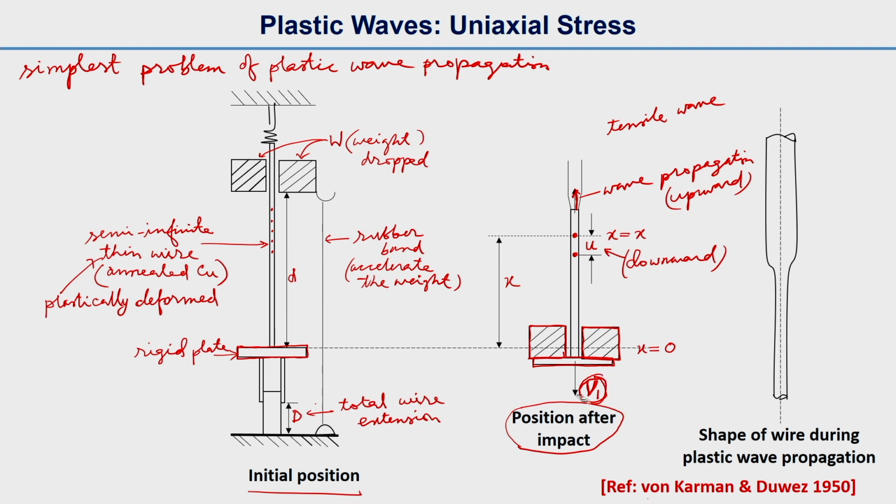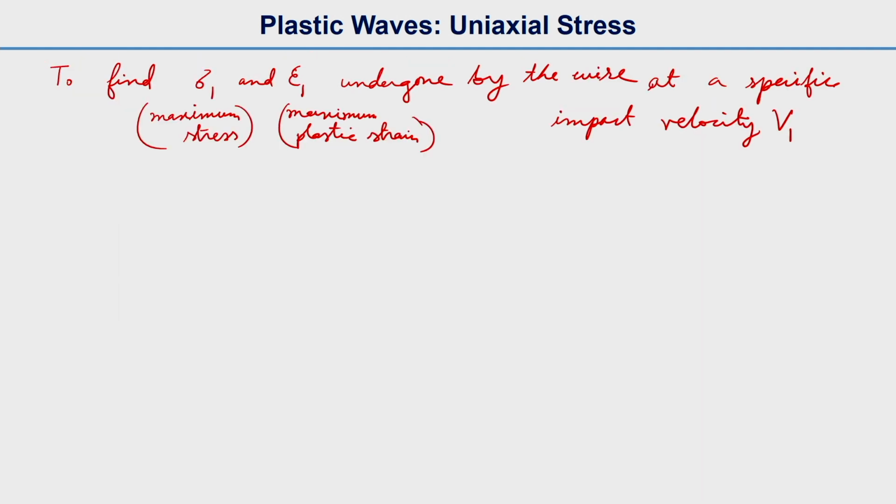This is the v1. So, what we will do is we will try to get the displacement of the bottom part of the wire, the displacement as a function of time, that means in terms of impact velocity.